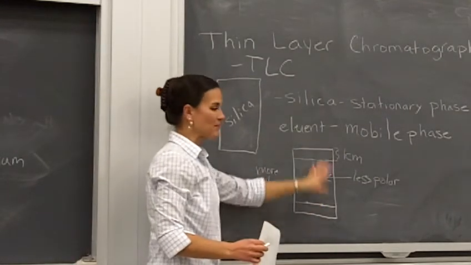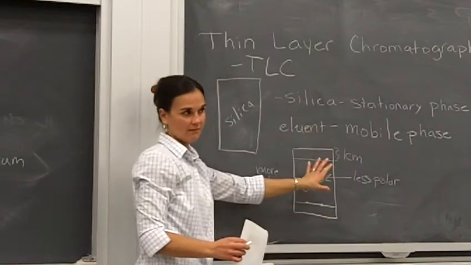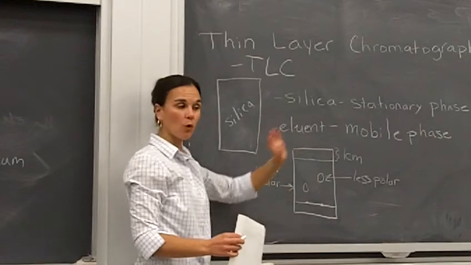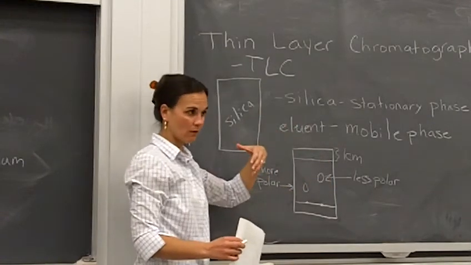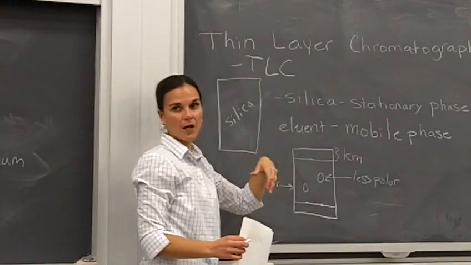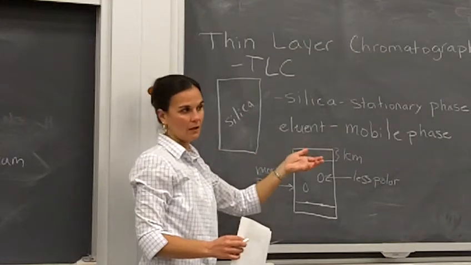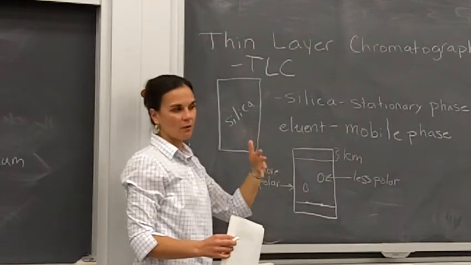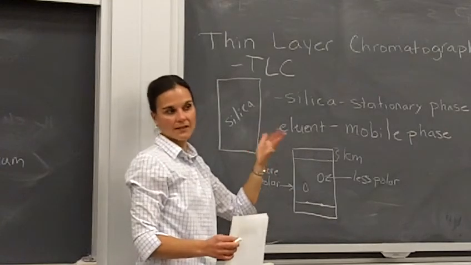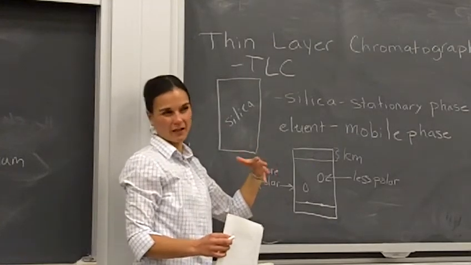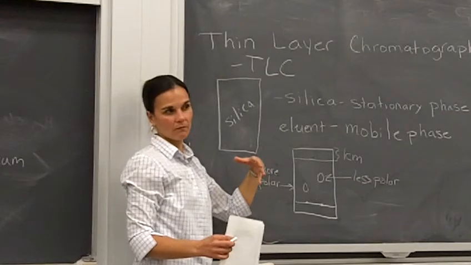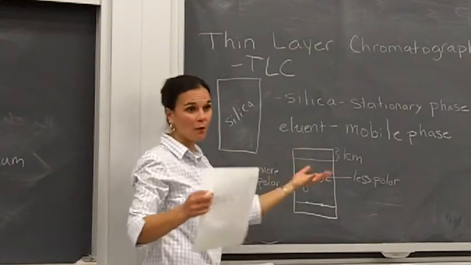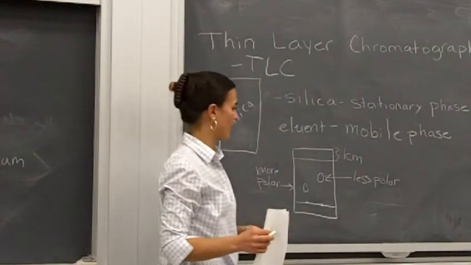Now you can manipulate this based on the solvent that you use too, because your solvent can be more polar or less polar. We're going to use a combination of ethyl acetate and hexane. What can you say about hexane's relative polarity? It's not polar. But how about ethyl acetate? More than hexane, right? It's not the most polar thing you have, but it's more than hexane, okay?